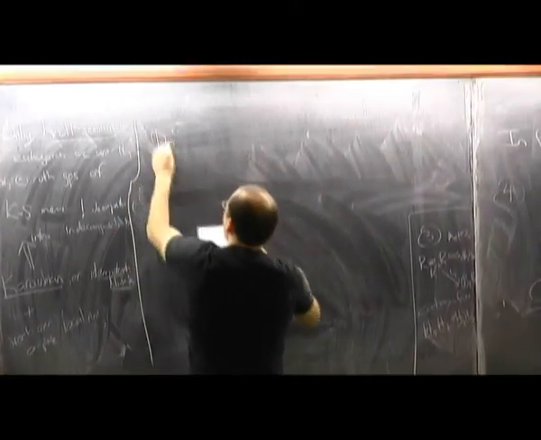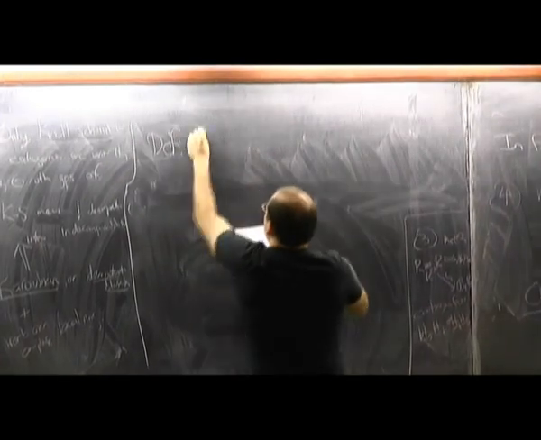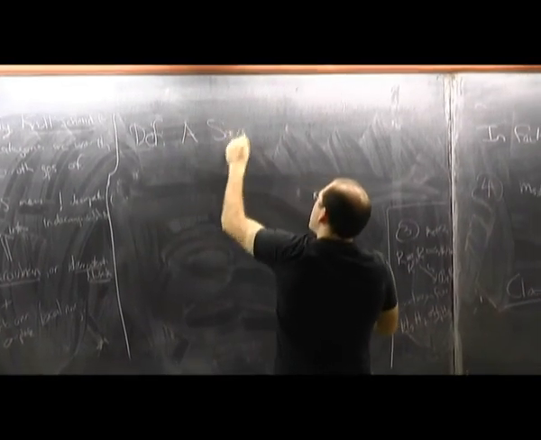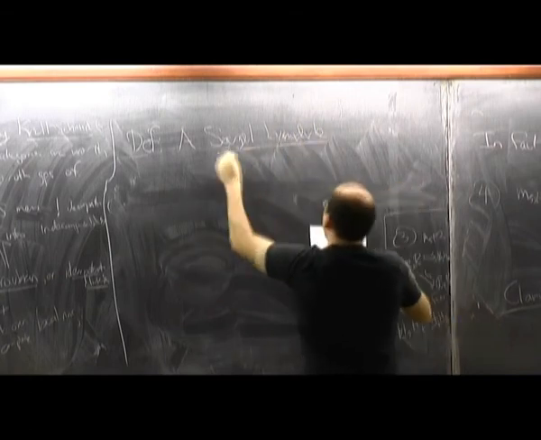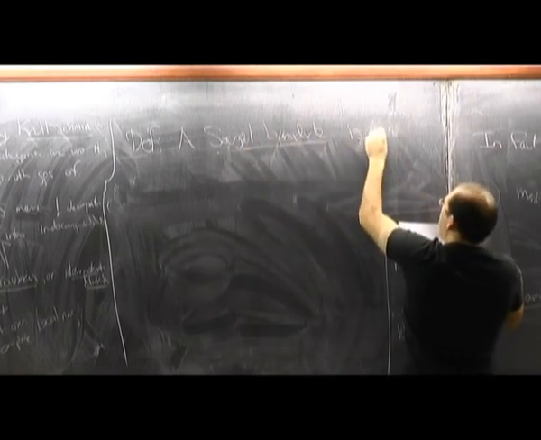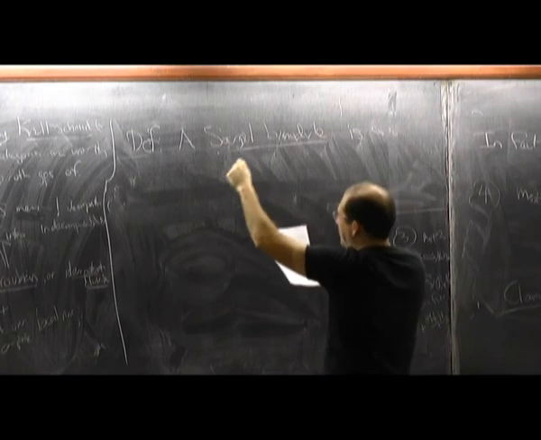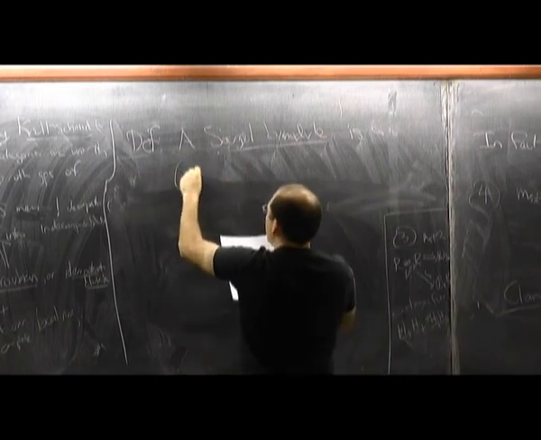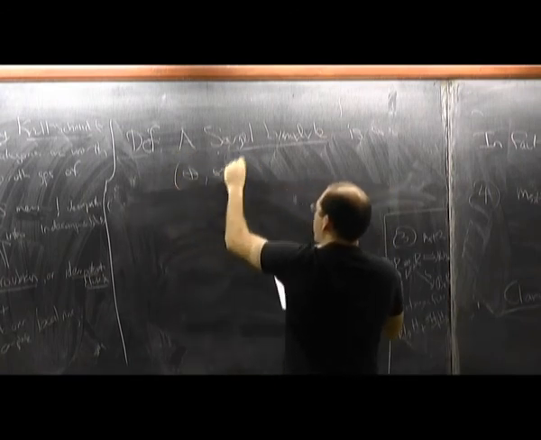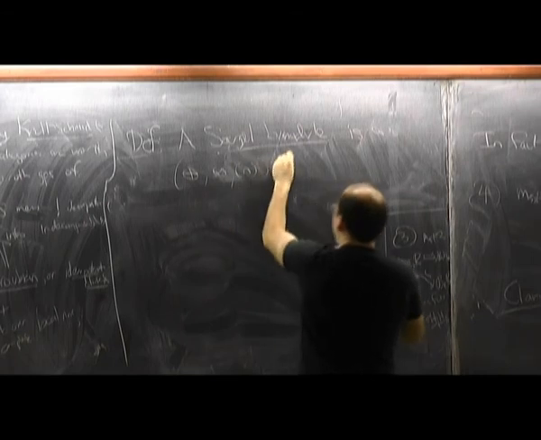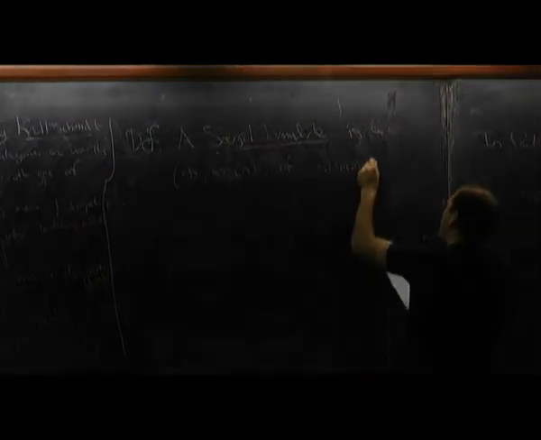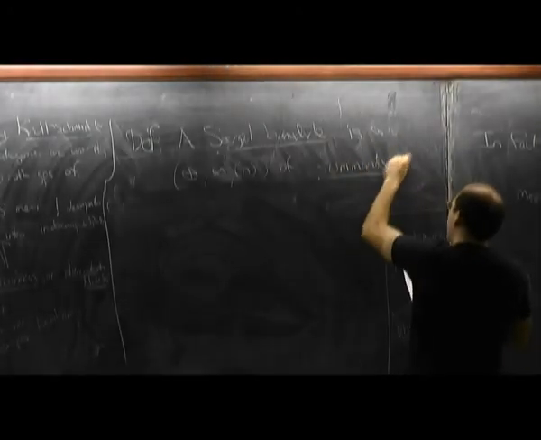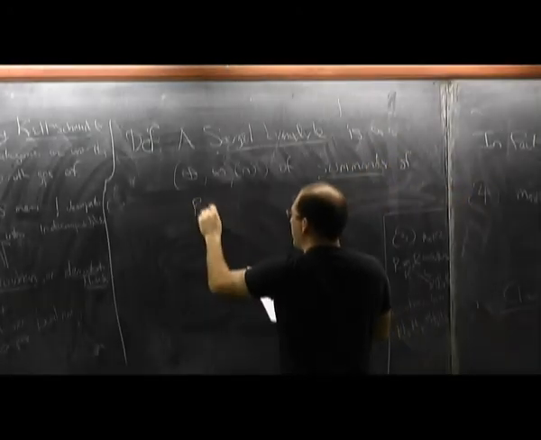So the definition: a Soergel bimodule is a summand of a Bott-Samelson, or, you know, maybe a direct sum of tensor products of grading shifts of summands of Bott-Samelson bimodules.